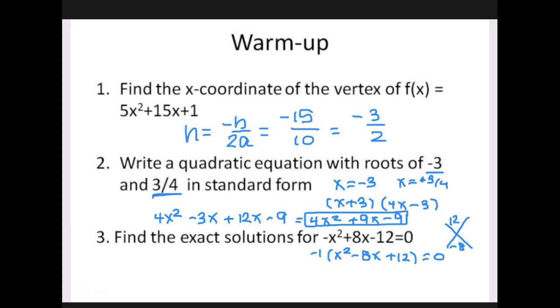So two numbers that multiply to positive 12 and add to negative 8 are negative 6 and negative 2, which meant this factored as x minus 6, x minus 2. Which meant your roots were positive 6 and positive 2.